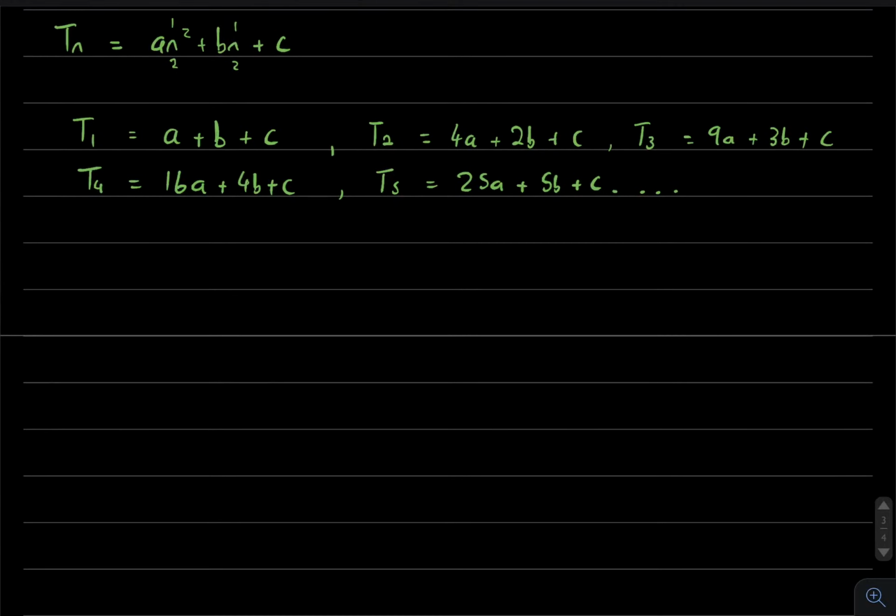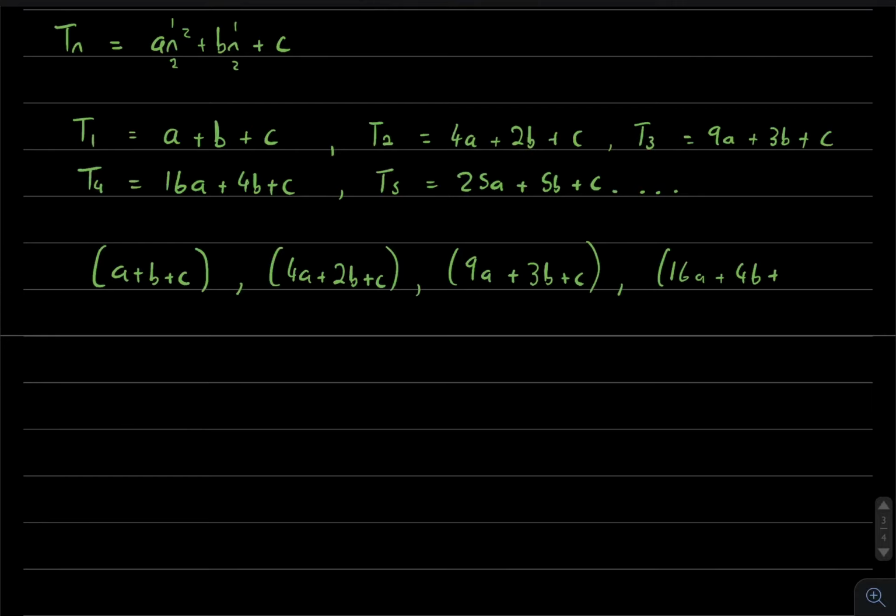So if we write these terms down, we get a plus b plus c as the first term, 4a plus 2b plus c is our second term, 9a plus 3b plus c as our third term, and 16a plus 4b plus c is our fourth term, and so on.